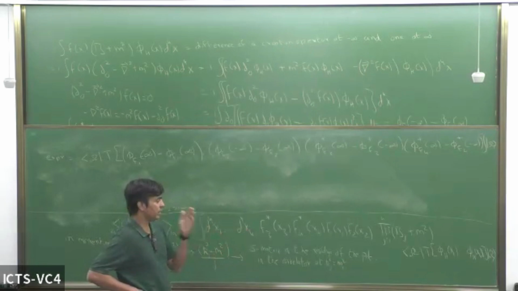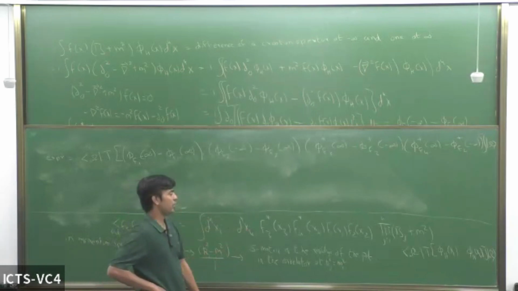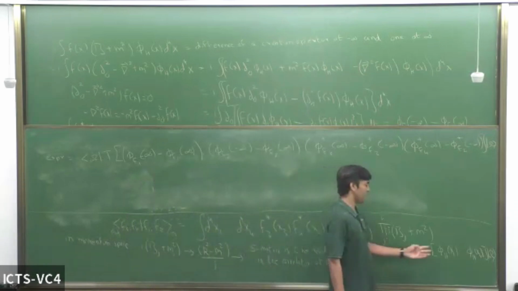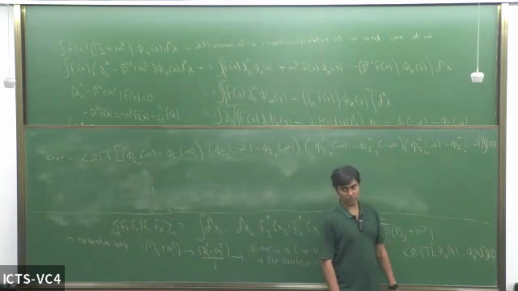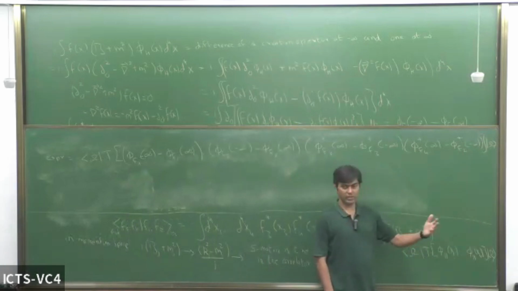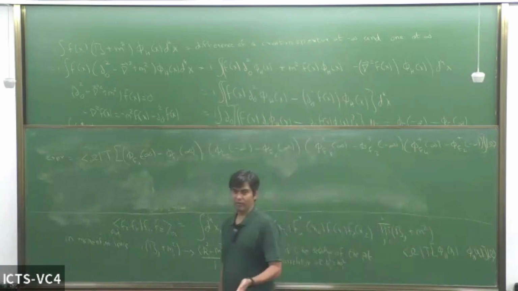The reason that happens is because the phi's commute with each other. It's only the phi and the d0 phi that don't commute with each other. So you have to have one of the d0s acting on the phi and the other acting on the theta function. And so you'll get a delta 4 of x1 minus x2.